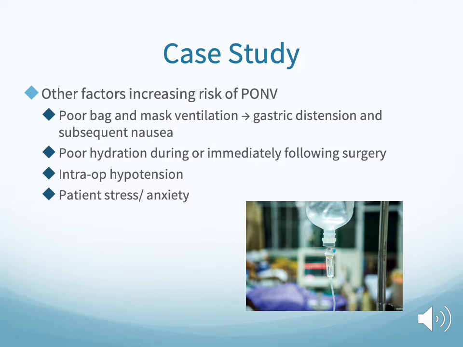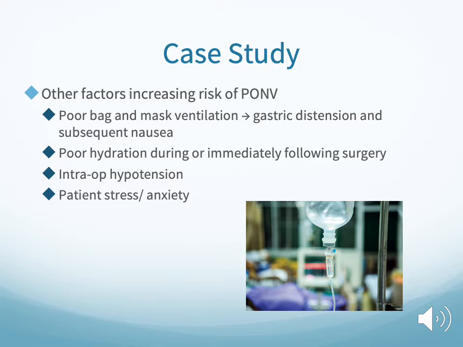Other factors increasing the risk of PONV are poor bag mask ventilation, which will increase gastric distension and subsequent nausea, poor hydration during or immediately following surgery, intra-op hypotension, as well as patient stress and anxiety. This patient was kept well hydrated with 3 liters of LR.